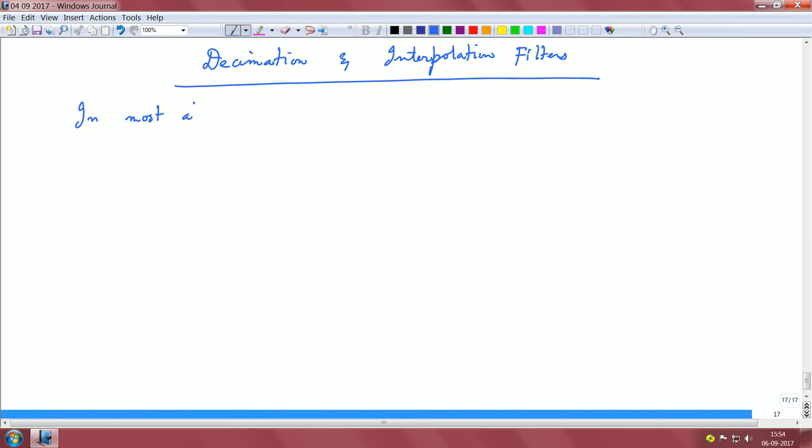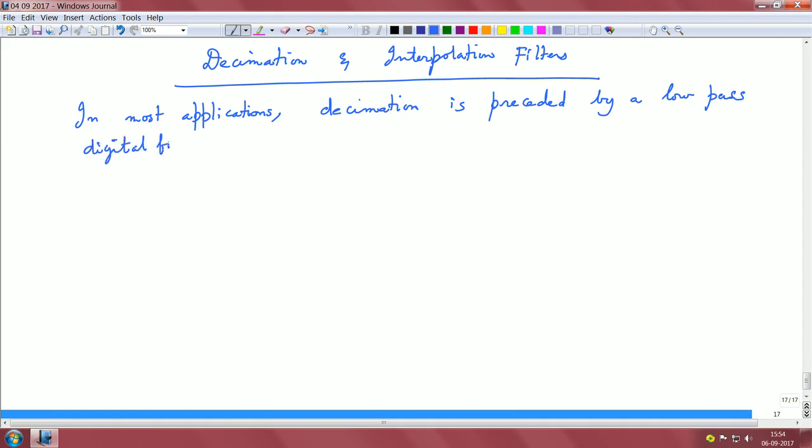In most applications, decimation is preceded by a low pass digital filter, also called as decimation filter.